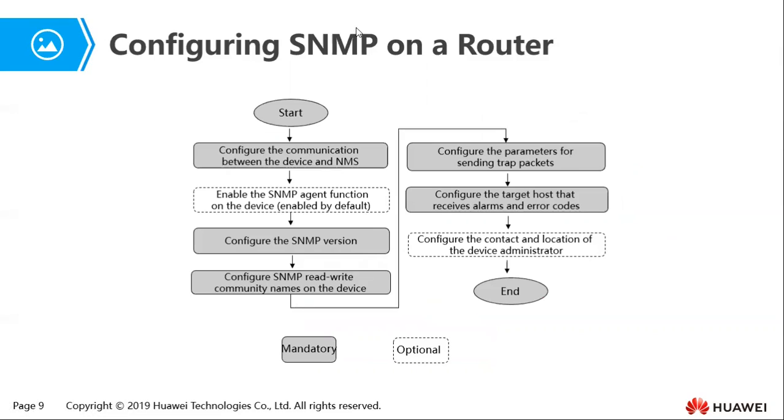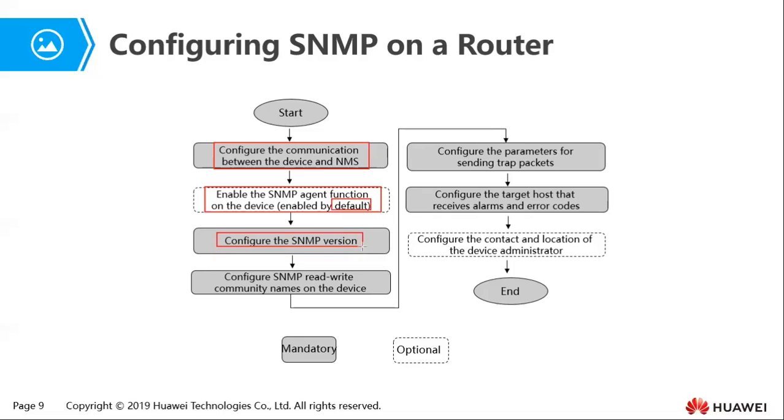So this is the roadmap for configuring SNMP on a router. The first thing you have to do is to configure the communication between the device and the network management system. That means that your network management system should be able to ping your managed device, your router, your switch, your server, whatever. Then after that, you need to enable SNMP on your router or switch. This is enabled by default.